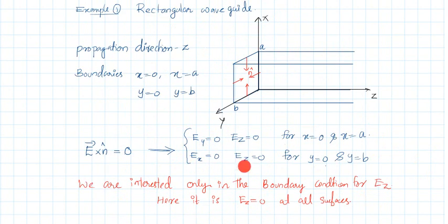We have Ez equal to 0 on all boundaries: x equal to 0, x equal to a, y equal to 0, y equal to b. At all boundaries, Ez is 0. So I can generalize the statement as Ez equal to 0 at all the boundary surfaces. I think it is clear.